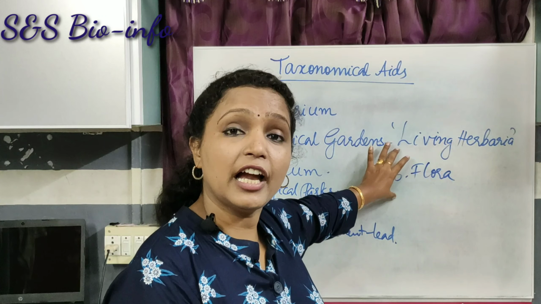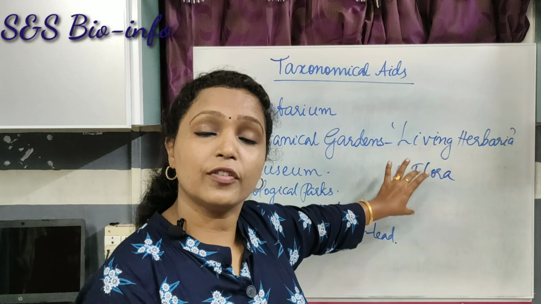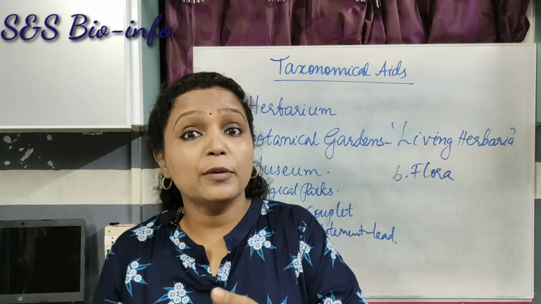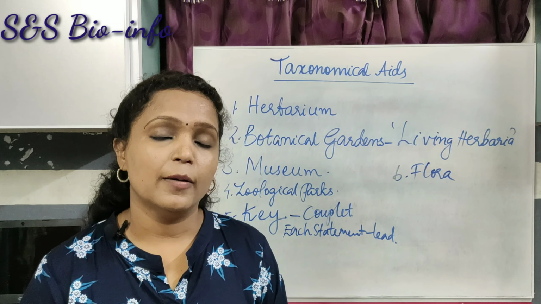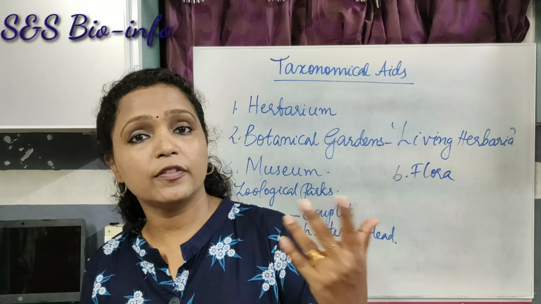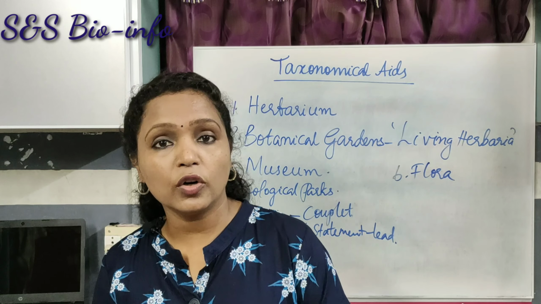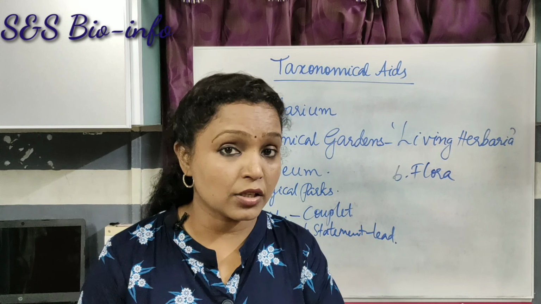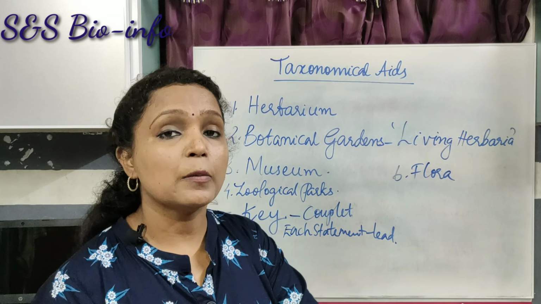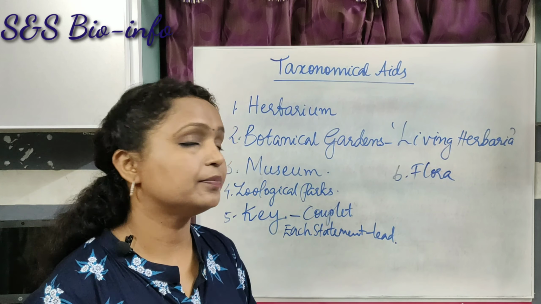So it is highly helpful to us. It gives us a lot of information regarding the name of the plants. So if we visit a particular place with a lot of plant species, with the help of this Flora, it is easy to access all the information regarding the plant species in that particular area.